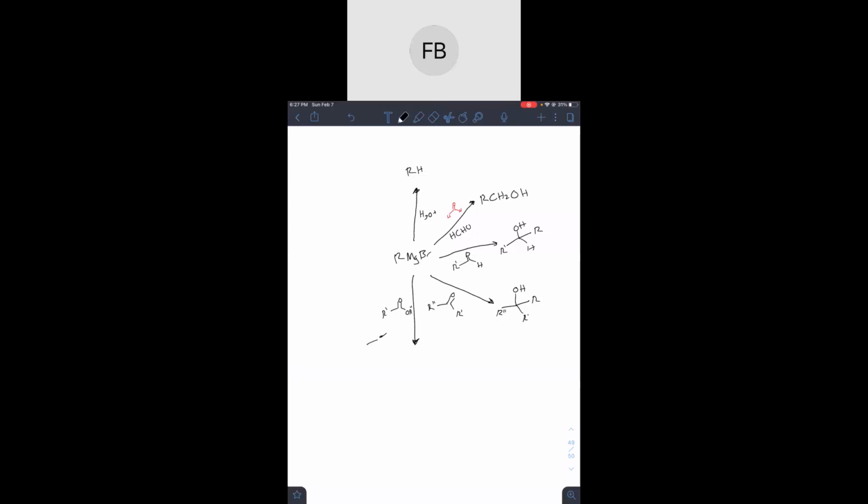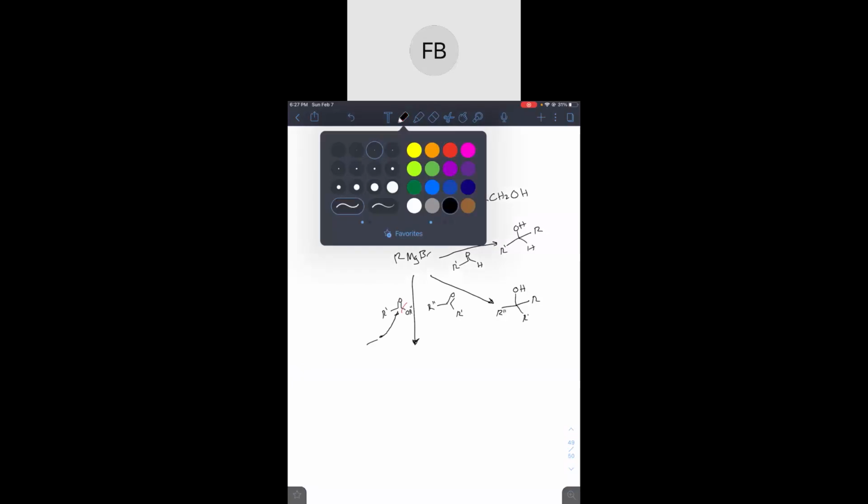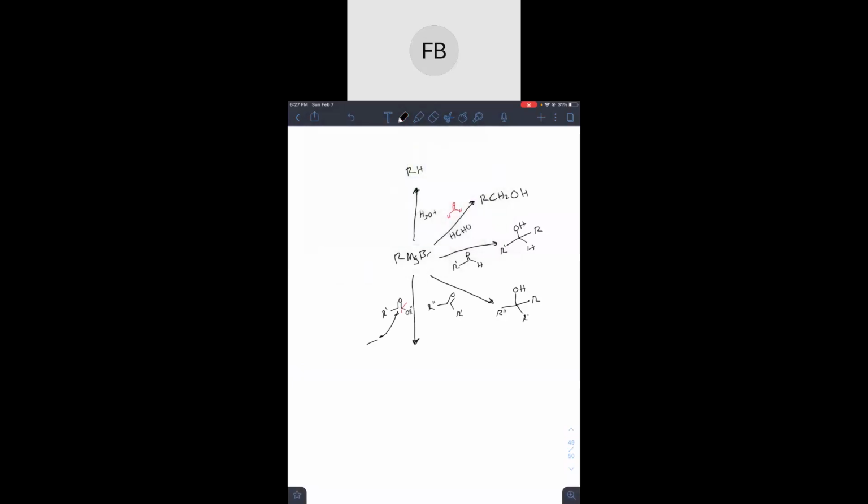Our ethyl attacks the carbon, and then this breaks off the ester. There's no need for this to become an alcohol because our octet isn't broken. Again, we have our R prime on one side and our ketone at the top. Then instead of our OR, the ester, you can just replace that with R.